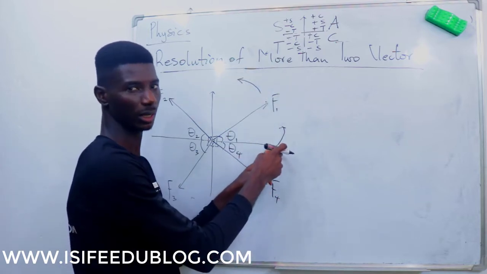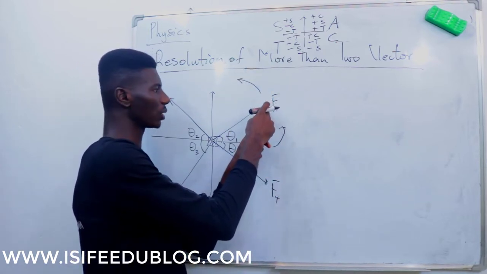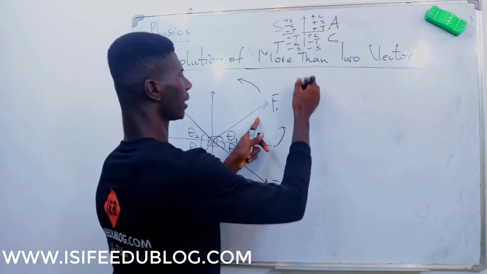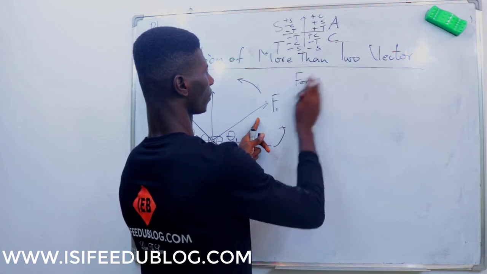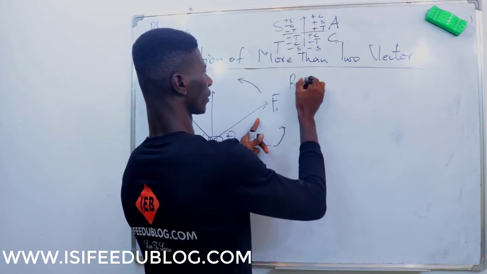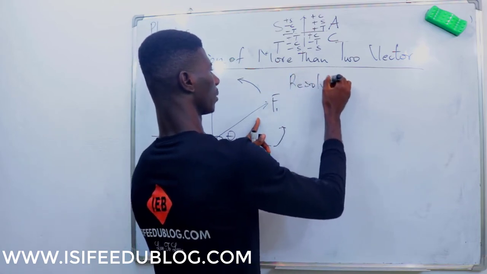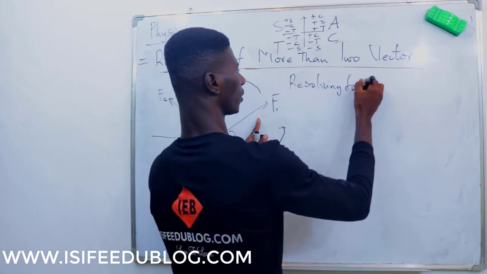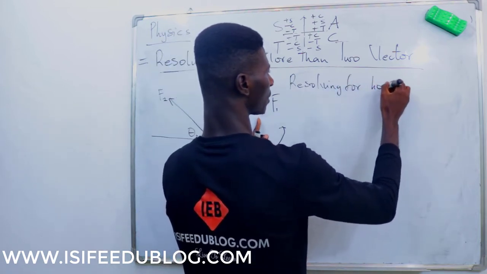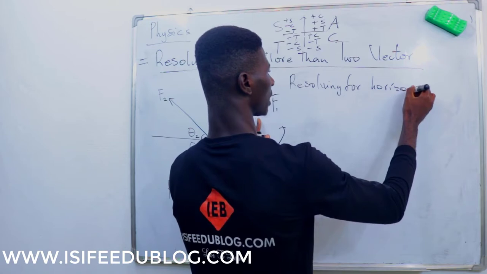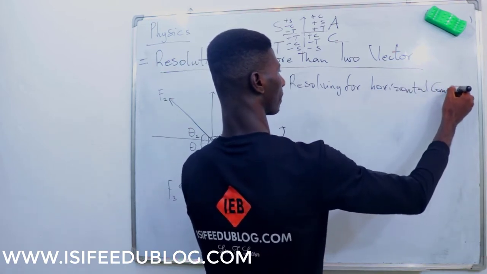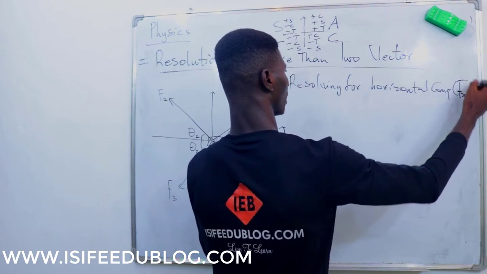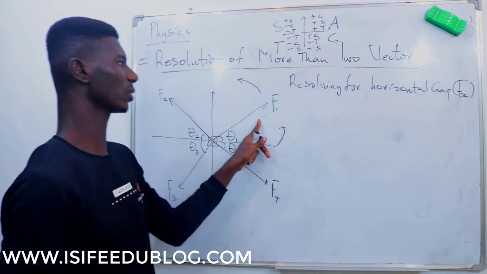The next place where we are going to meet a vector is this one. So we are resolving for the horizontal component, Fx. It doesn't matter, you can resolve any one first.